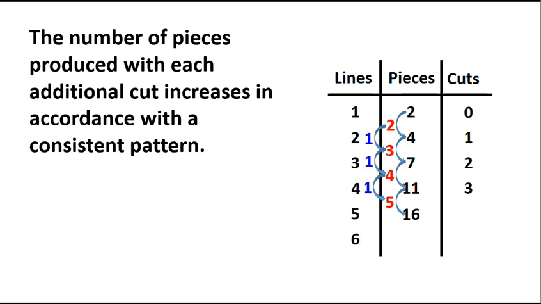Instead of an additional 5 pieces when we draw that sixth line, it'll be 5 plus 1. We should see an additional 6 pieces created when we draw that sixth line. So 16 plus 6 is 22. So the maximum number of pieces is 22.